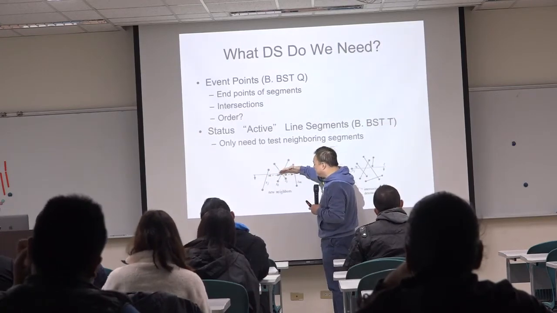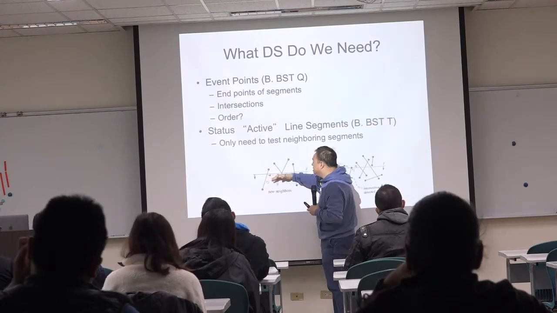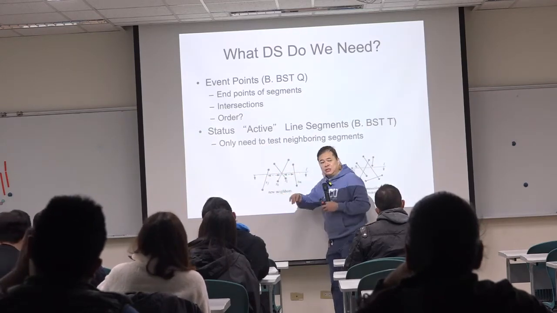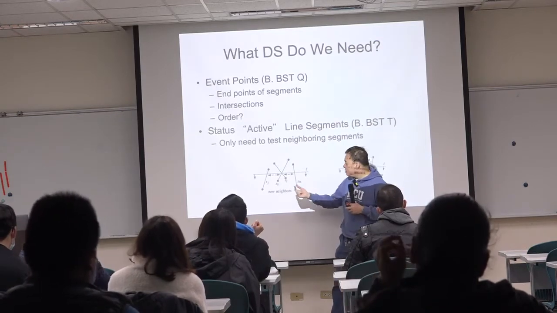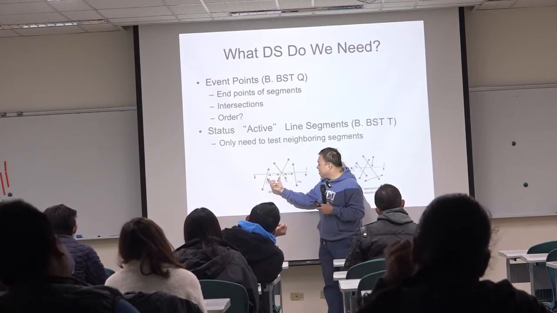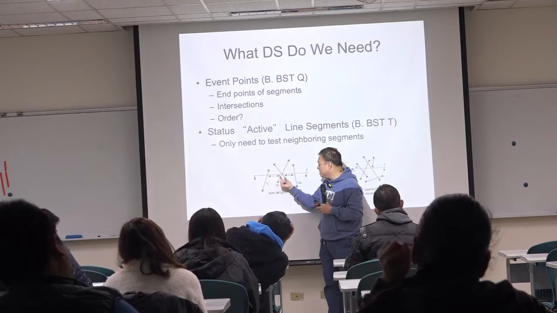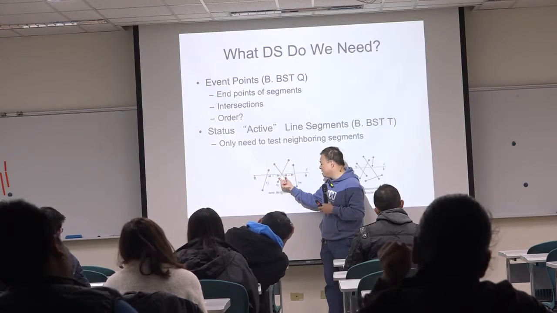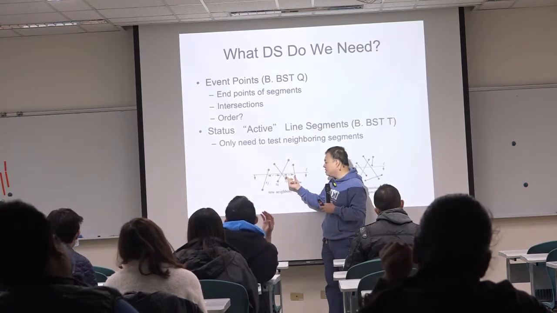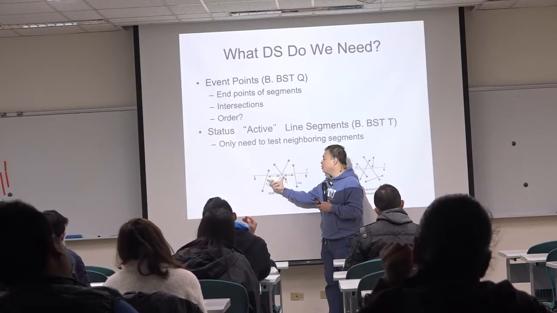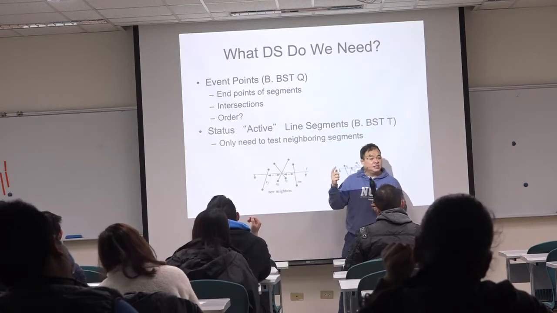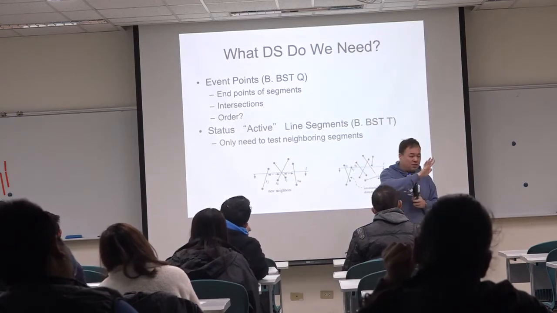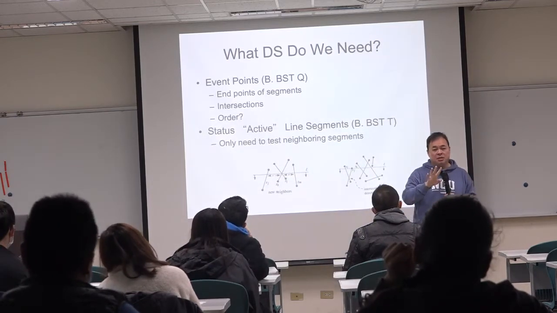But when you go past the intersection, the neighboring status will change. Now these two are neighboring each other, these two are still neighbors, but these two become neighbors, and these two will no longer be neighbors, even though all four segments are still active.